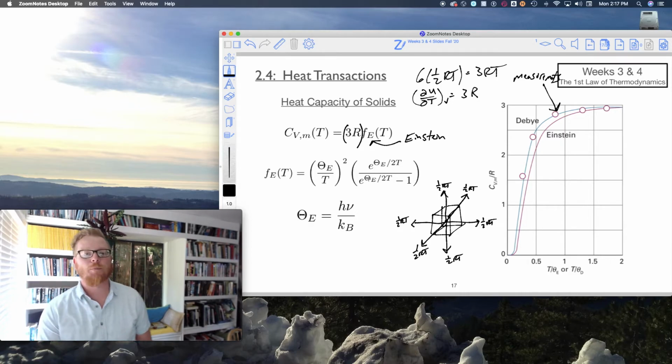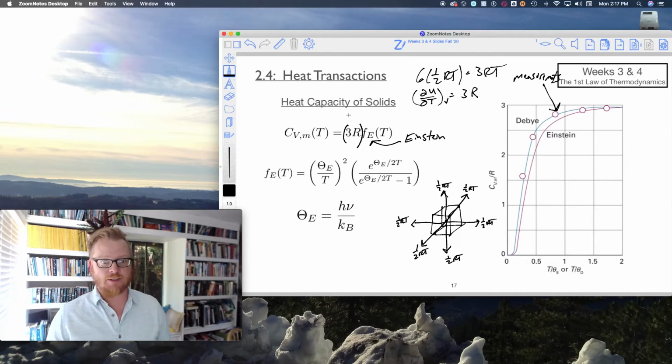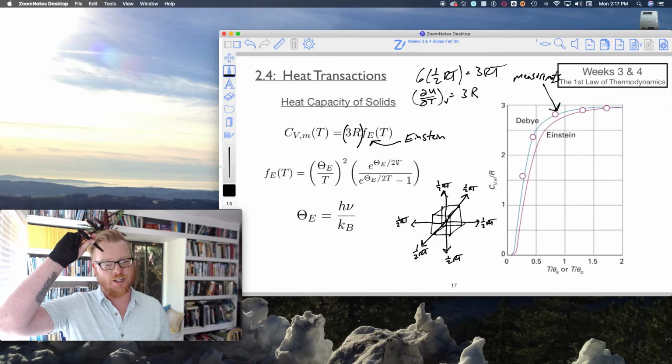Okay, so now, in the heat capacity of solids, C_V,m equals 3R times this function. So that's where the 3R comes from. But what is this function? Well, I hope you've been staring at this long enough to think it's a partition function.